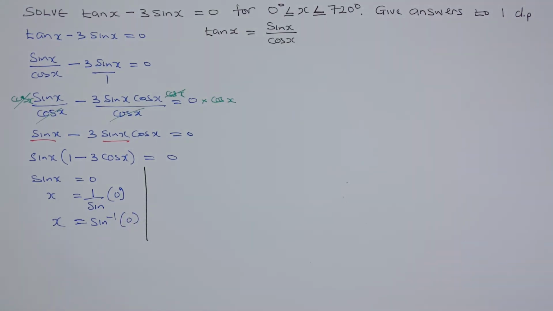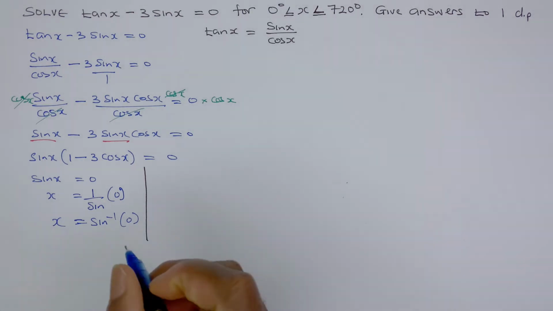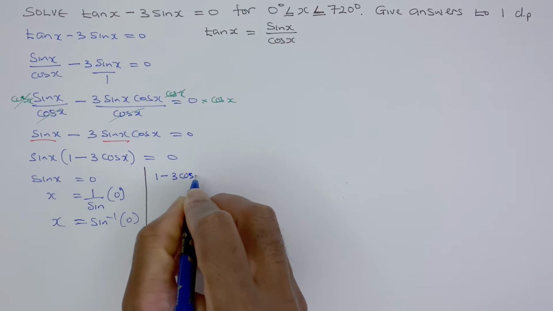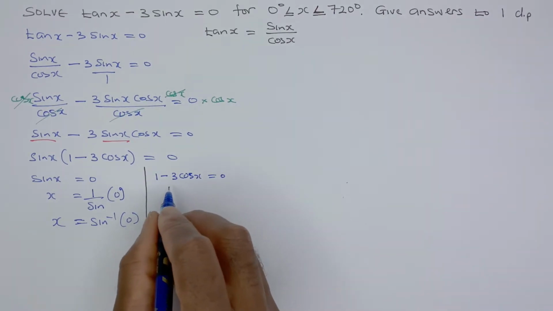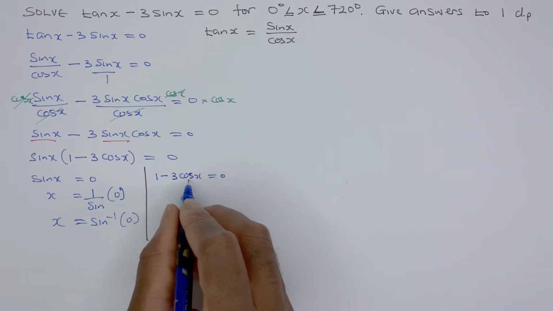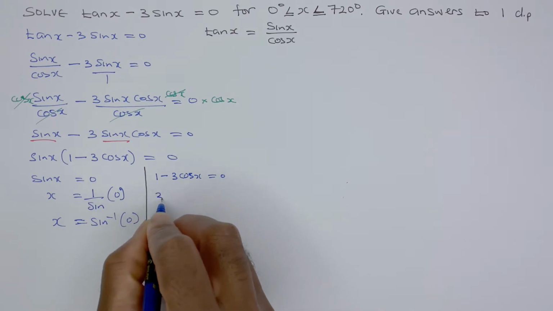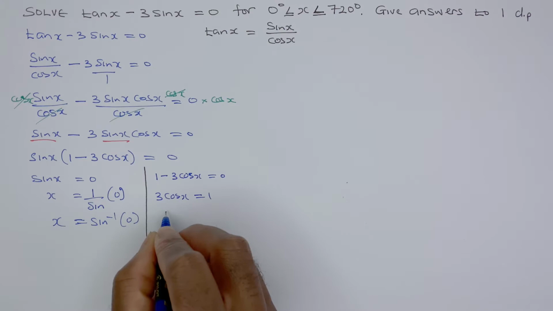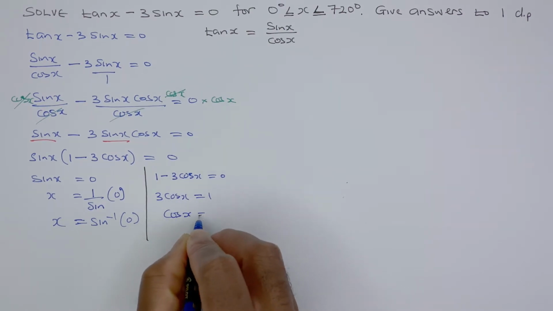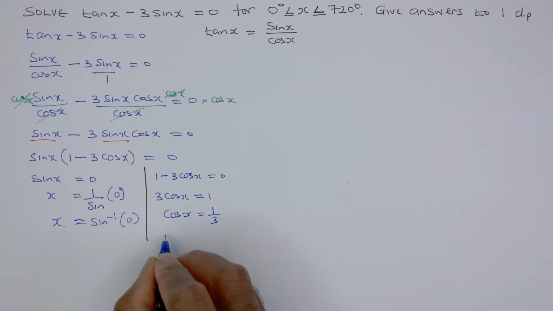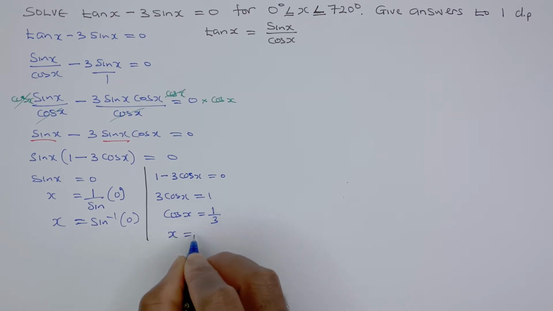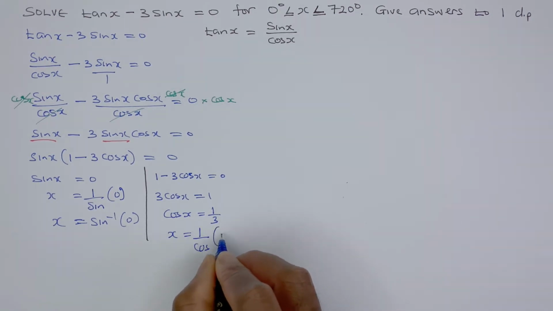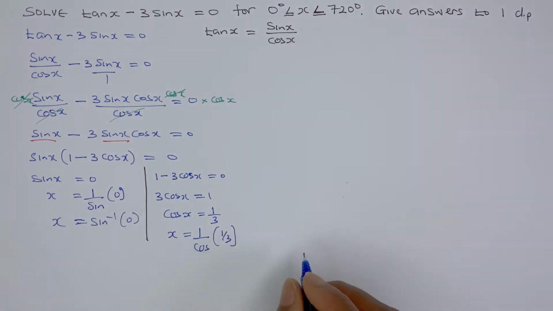Now the next one to set to 0 will be 1 minus 3 cos x equal to 0. Take minus 3 cos x to the other side, so I get 3 cos x equals 1. Cos x equals 1/3, and x will be 1 over cos 1/3.